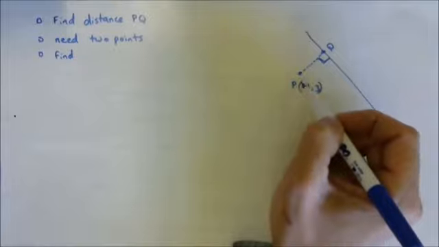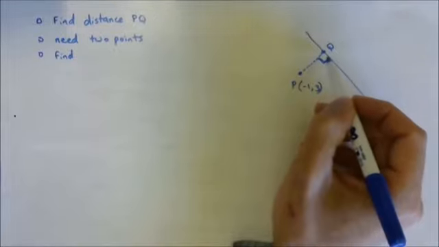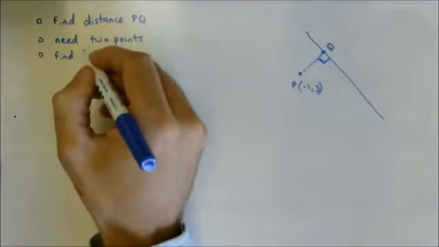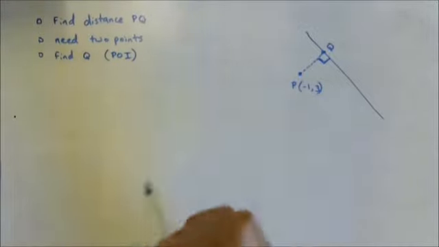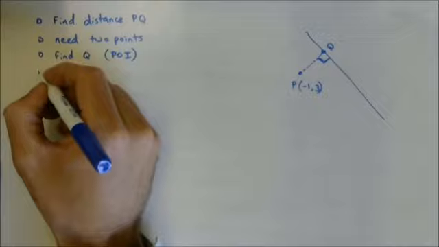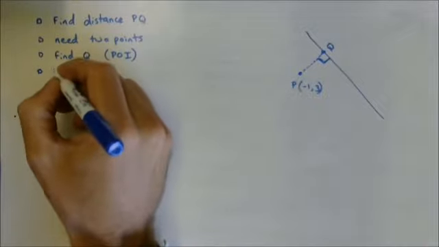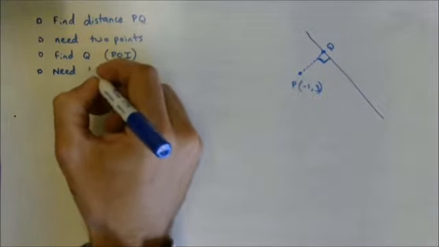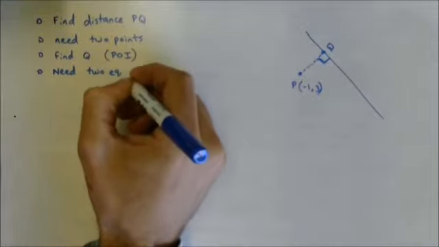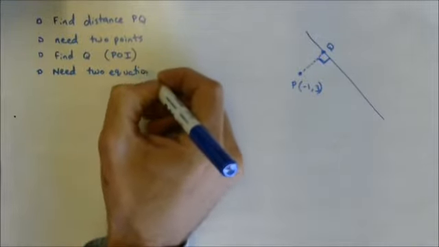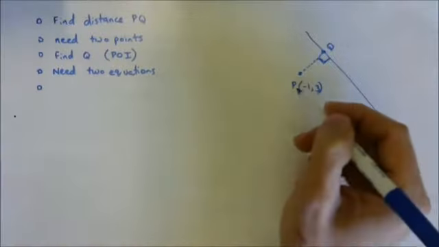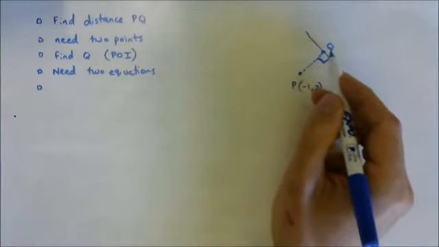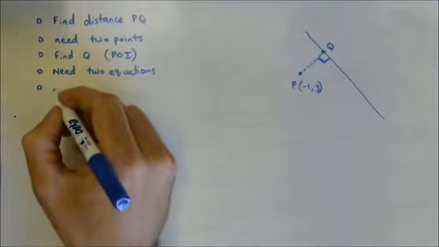One of those points you already have, it's P. The other point is going to be Q. Well, what is Q? It's the point of intersection. How do you find a point of intersection? You need 2 equations. You already have one of those equations. How do you get the equation of PQ without having Q? You need the slope.